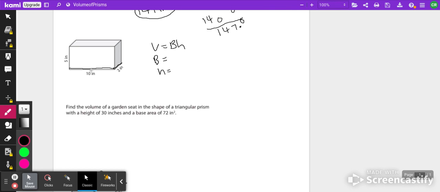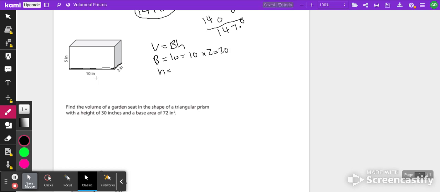To find the area of the base, we have to find the area of this bottom rectangle. Remember, to find the area of a rectangle, you use length times width. So the area of the base here, we're doing 10 times 2, which is 20.